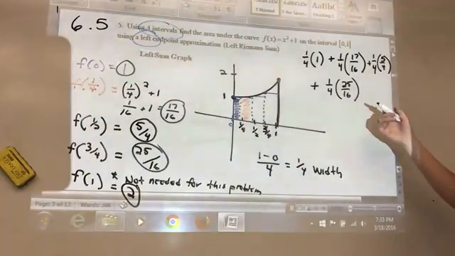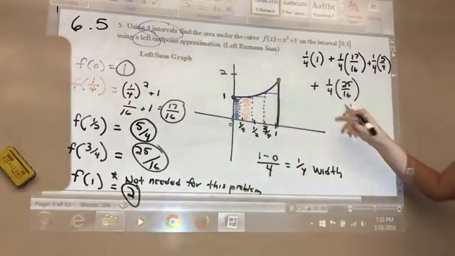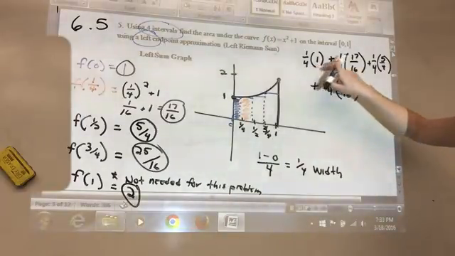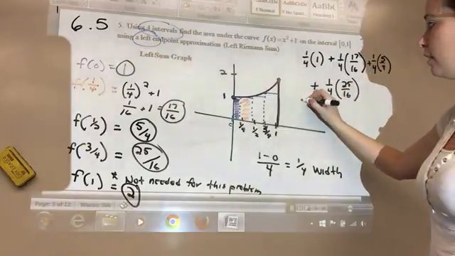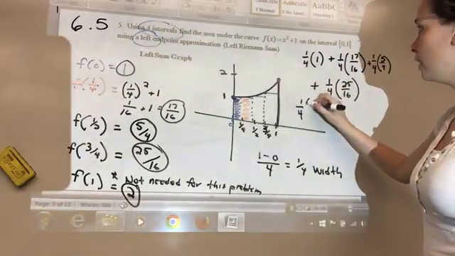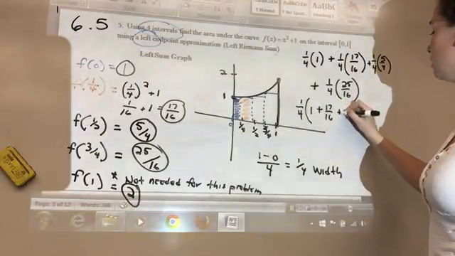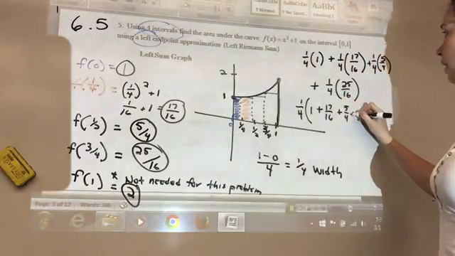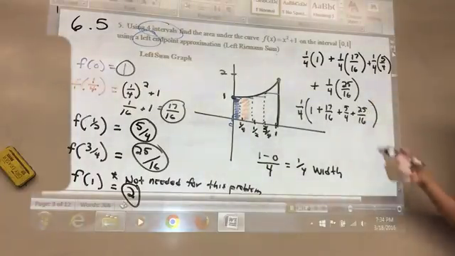Now, once you have this, basically you can use a calculator to add this all up. But I do want to note to you, if you're consistently using a fourth, couldn't I rewrite all of this like this? 1/4 times 1 plus 17/16 plus 5/4 plus 25/16. All I did was factor out that GCF of 1/4.